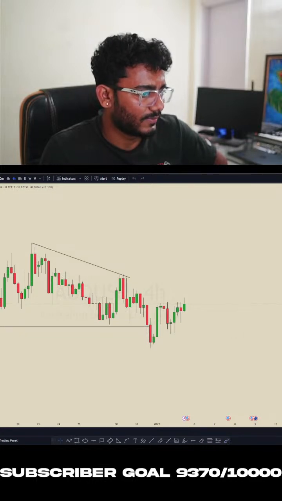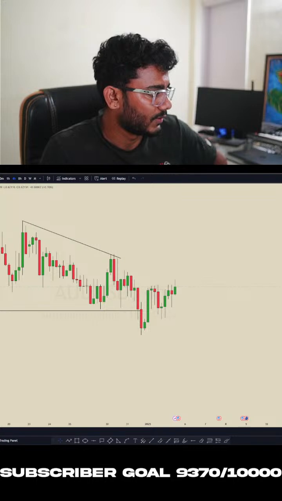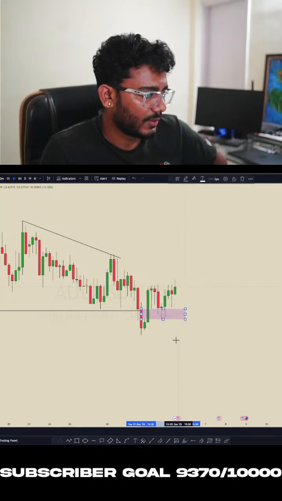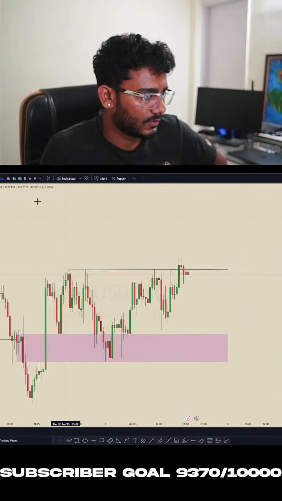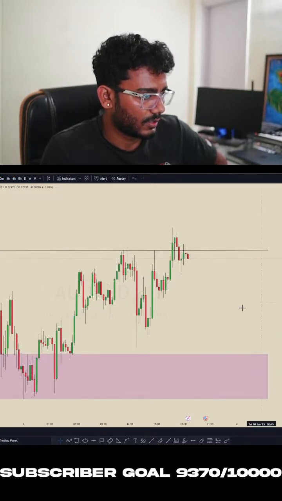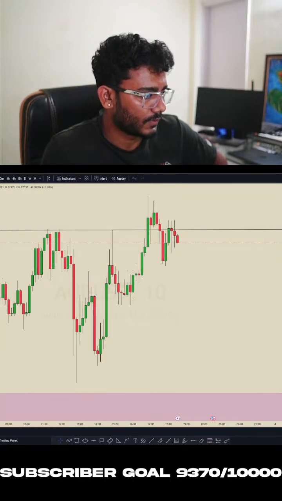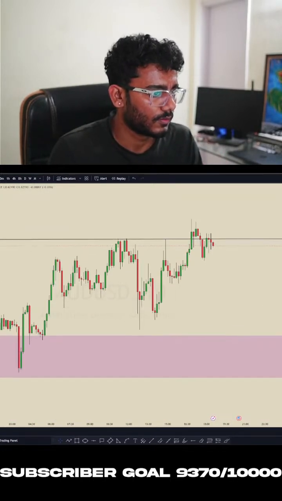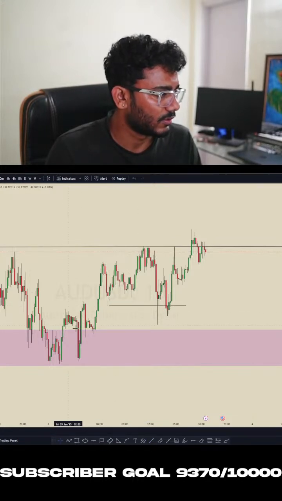So we can look for buy side entry at this area. Right now we can see this FVG, fair value gap, is fulfilled, and then price broke the structure. So if we look at this area, price swept this low, gave us a reaction from this order block.